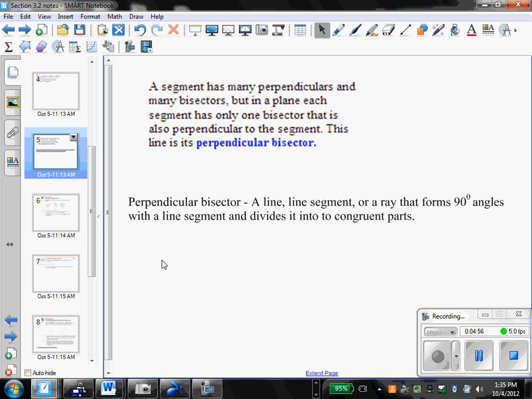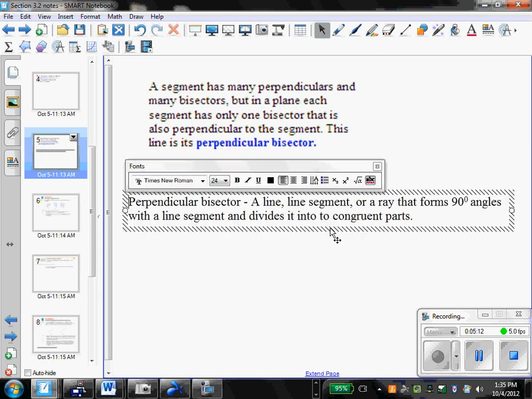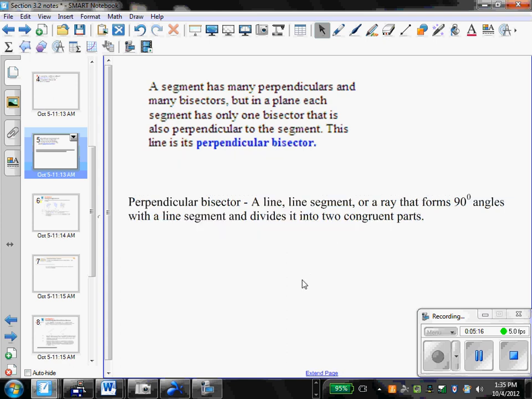So definition in your notebooks for perpendicular bisector. It is a line, segment, or ray that forms 90-degree angles with a line segment and also divides it into two congruent parts.